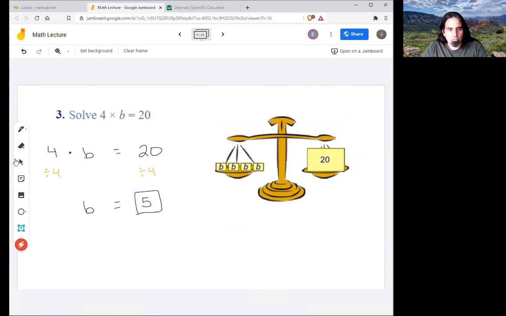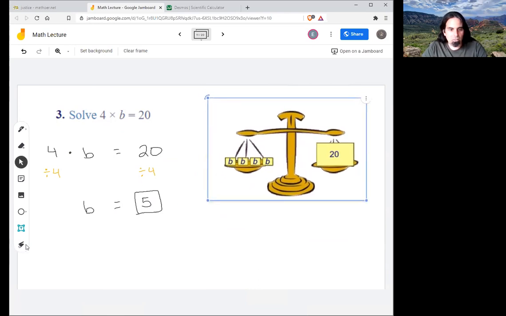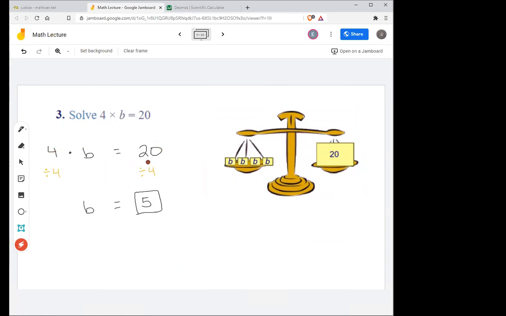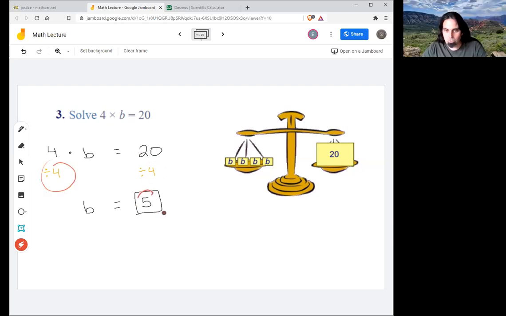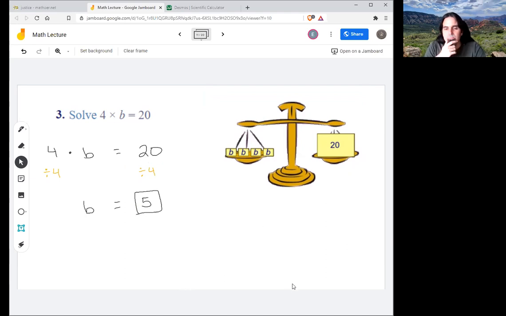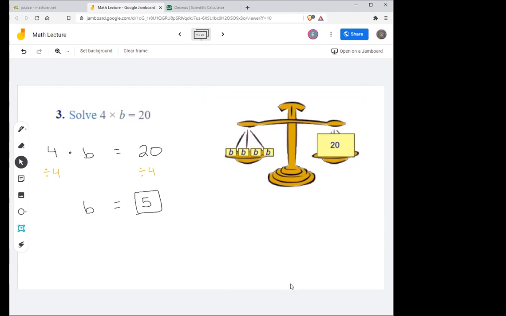So is everyone okay that my balance scale looks like this line right now? Yeah. So what happens about the divided by 4 or an answer of 5? What's happening there? Dividing by 4 on both sides, so it's still balanced.